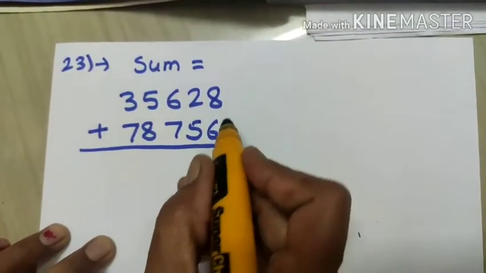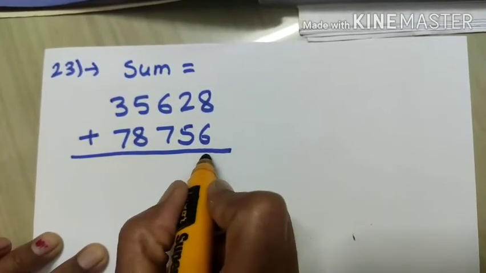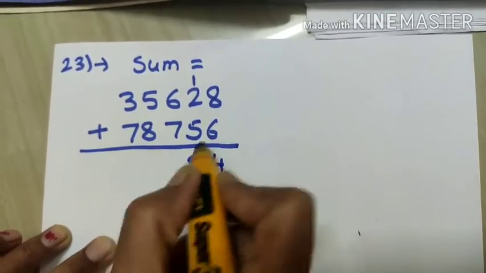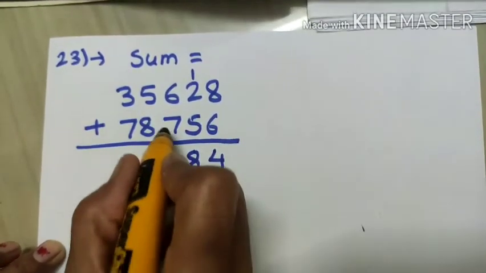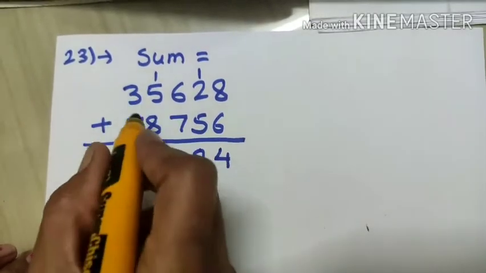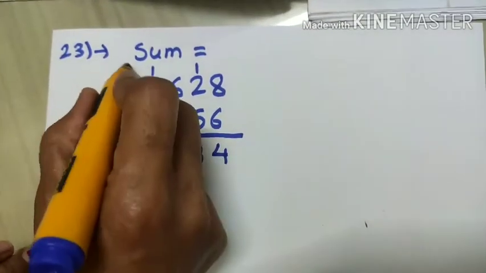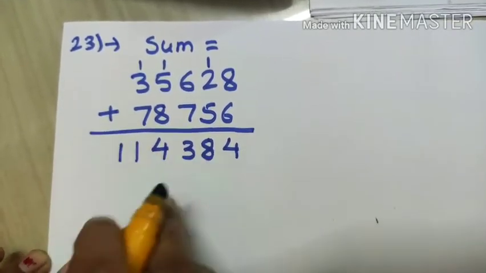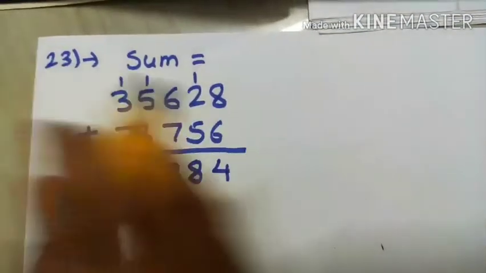Do the addition. 8 plus 6, 14, 1 carry, 5 plus 3, 8, here 6 plus 7, 13, 8 plus 6, that is 14, and 7 plus 4, 11. So this answer you have to subtract from the next given number.